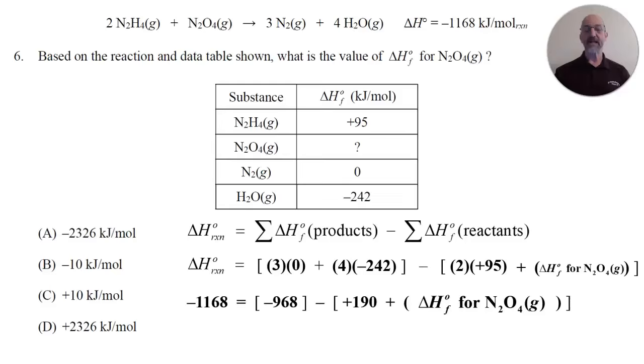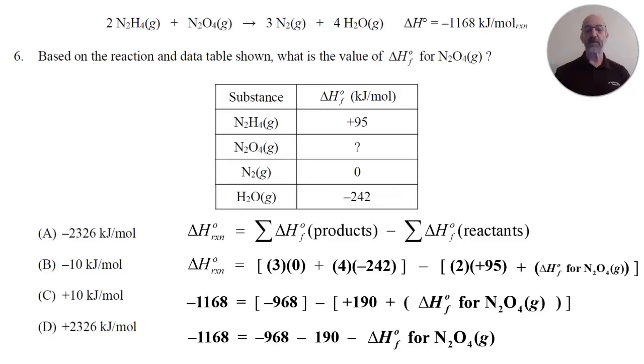and you'll notice that I distributed that negative sign to the 190, so that would be negative 1168 is equal to negative 968 minus 190, and then minus the enthalpy of formation for N2O4. Again, don't make those algebra errors, which might be common if you're rushing or going too fast.